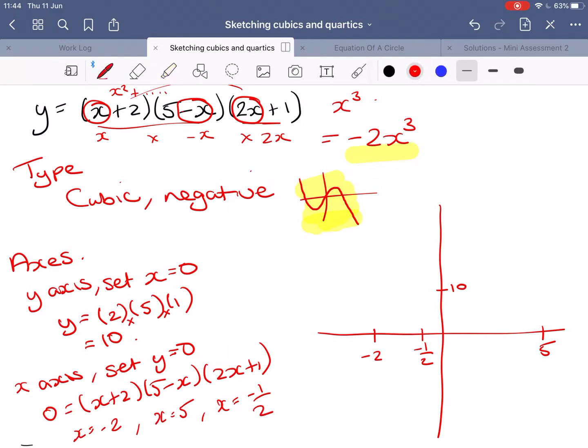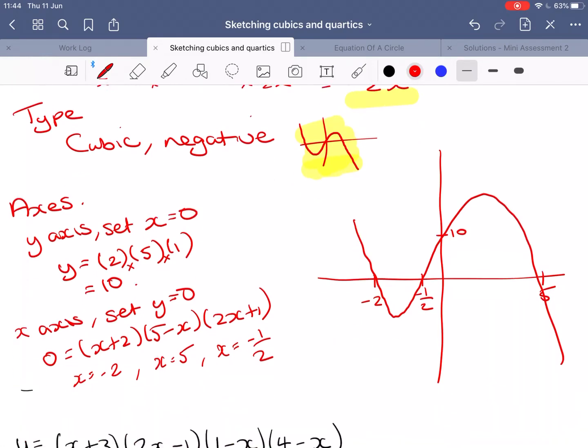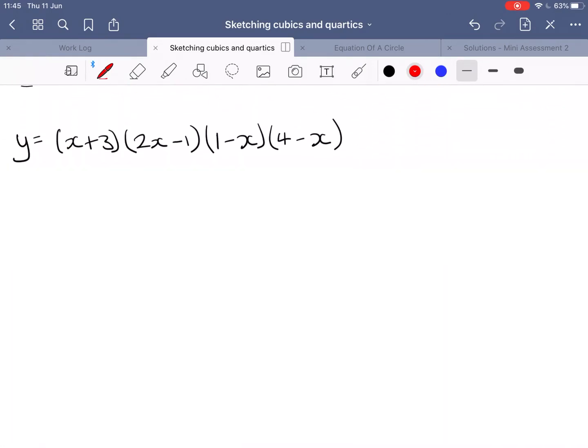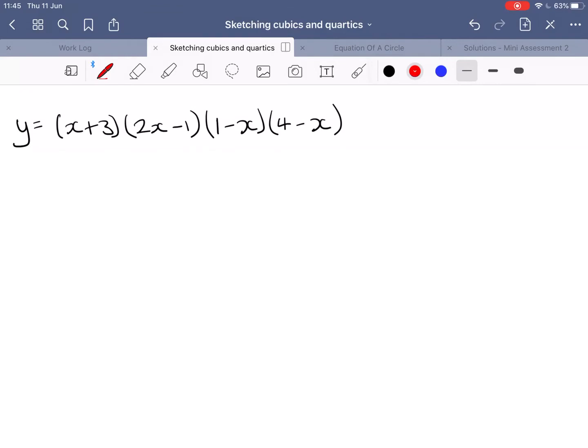Okay, but could you see how I couldn't make that work then? Because I couldn't get it to go through the y-axis at 10. So it's going to come down, up and down like that. Okay, so sometimes if you put all your points on your axes, if you're making a mistake, it can alert you to it.